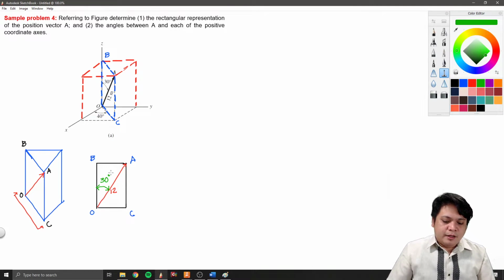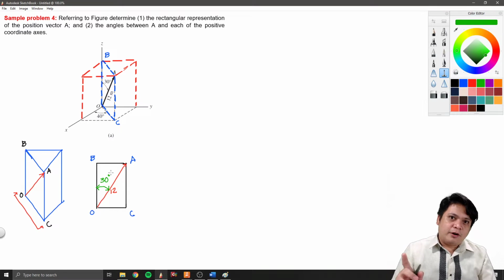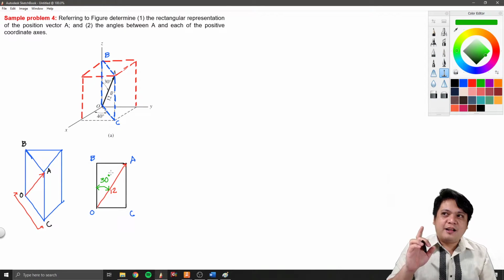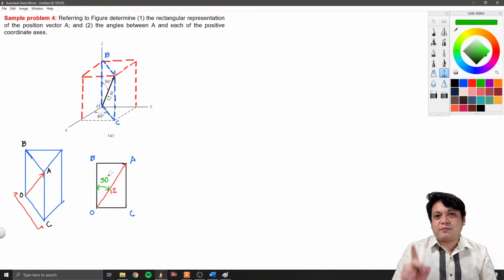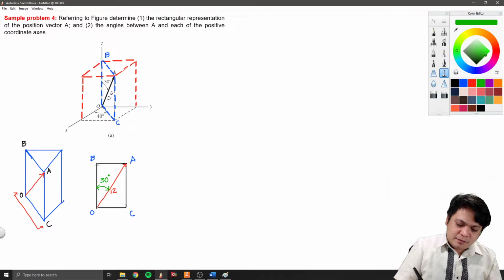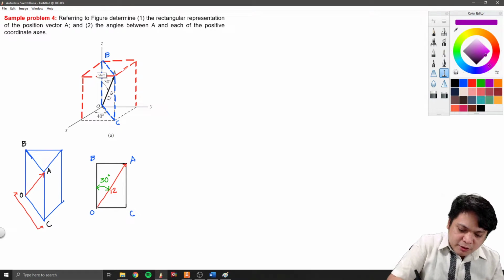Sabi ko before, kung meron kang isang vector na kung saan it represents the diagonal of the parallelepiped, yung size ng parallelepiped na yon in any dimension parallel to that axis, iyon na kagad yung kanyang component.